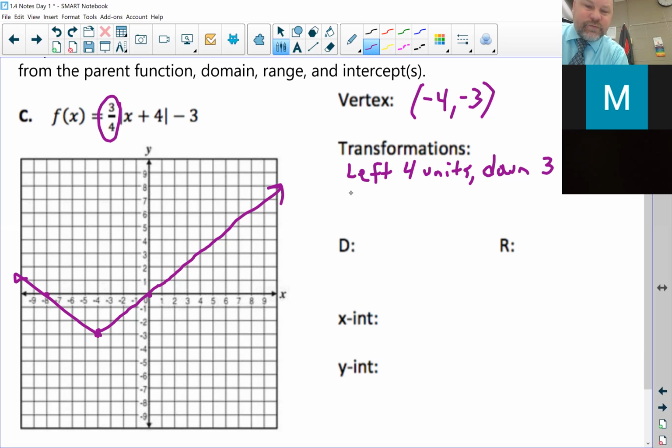So it's a compression by a factor of 3/4.